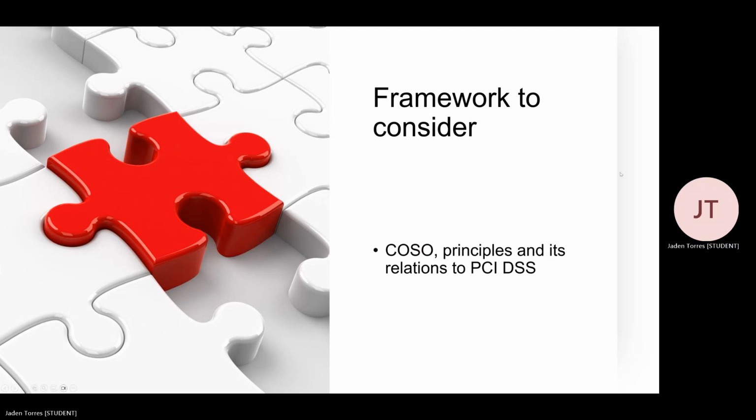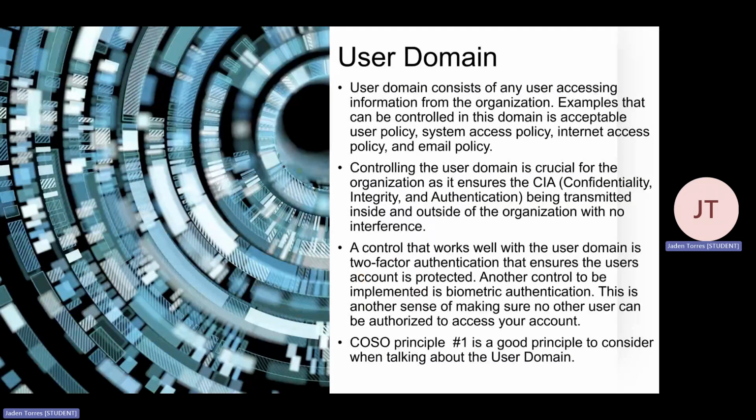All right. So first things first, let's start off with the user domain. So basically, user domain consists of any user accessing information from our organization. Basically, the end user who wish to gather any information that relates to themselves are held by us, or anything else in regards to the organization.